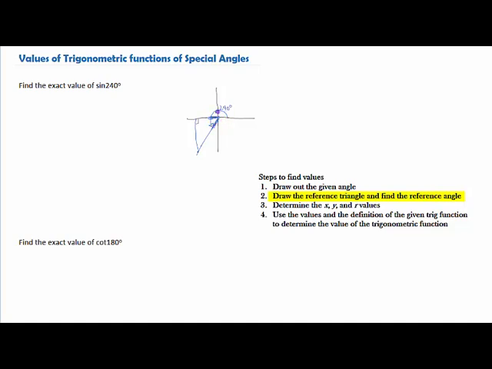Well, in this case, if that is 240, if we get rid of 180 of it, we'll be left with that reference angle. So the reference angle equals 240 degrees minus 180 degrees. And that works out to be a reference angle of 60 degrees, which is right here.